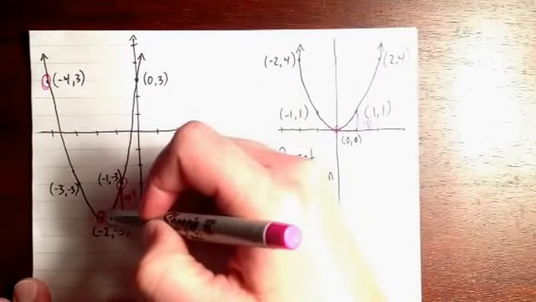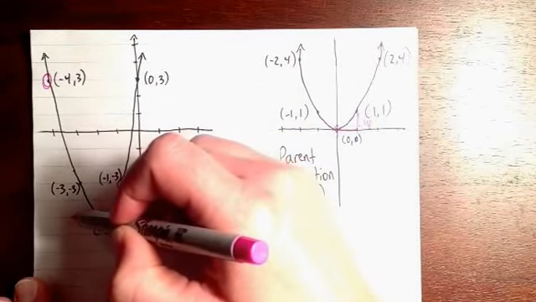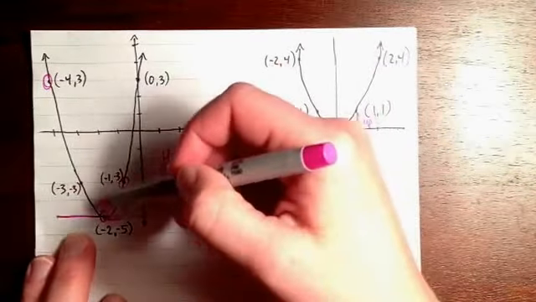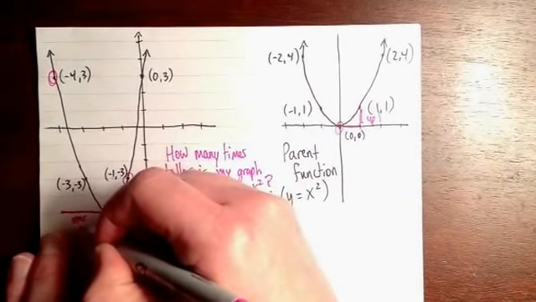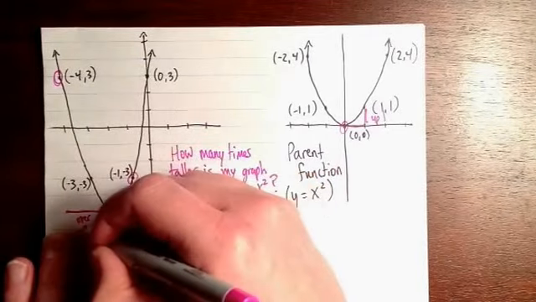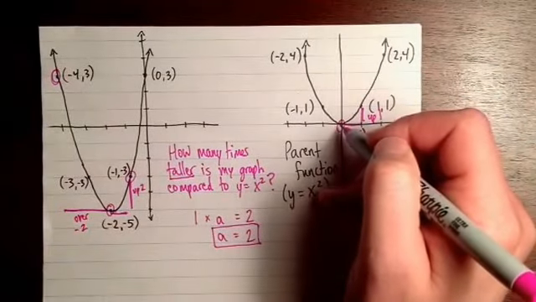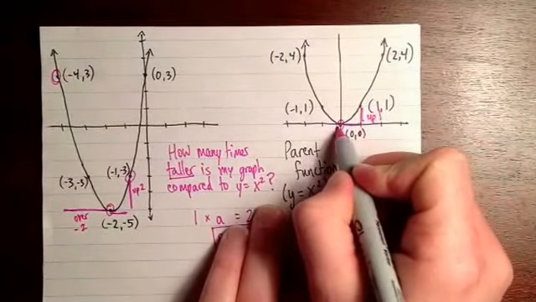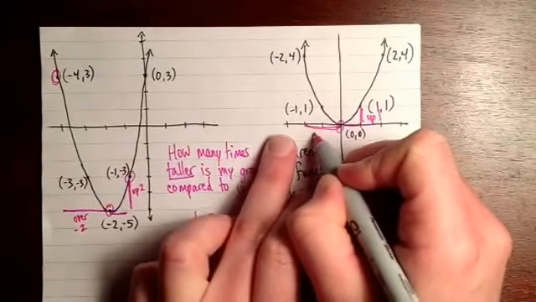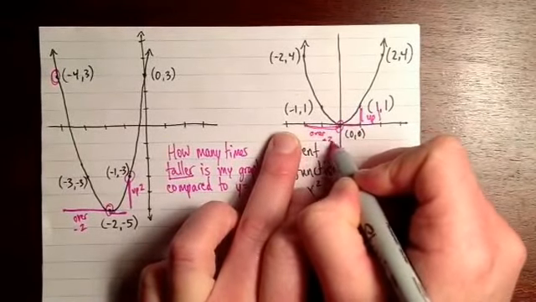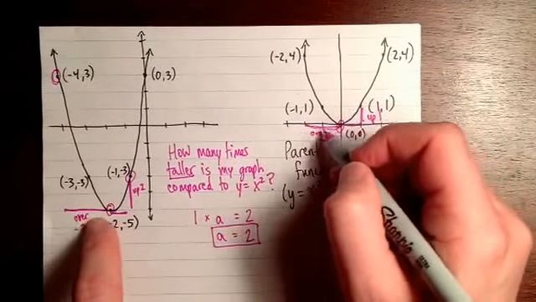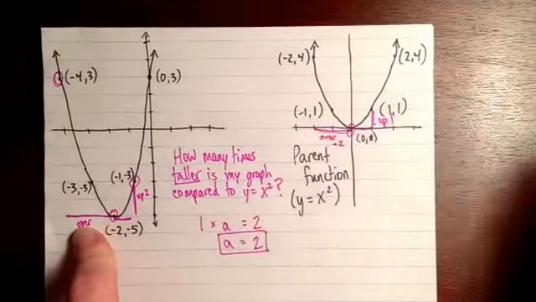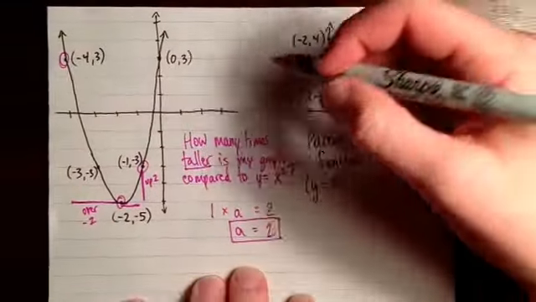So you start at the vertex and you say, how much do I go over there? To get from -2 to -4, that's over 2. I guess it's over -2. So we'll start here and we'll go over the same amount, over -2. So that you always match the horizontal change, and then you compare the vertical change, because we want to know how many times taller.